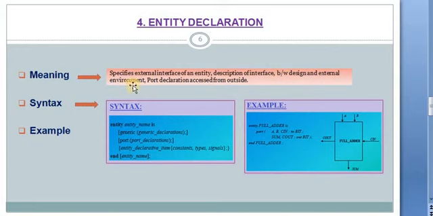Another very important concept related to entity is that it has port declarations, using which the circuit codes are accessed from outside. So let's observe its syntax. As you see, in the entity declaration part, the entity name is specified.